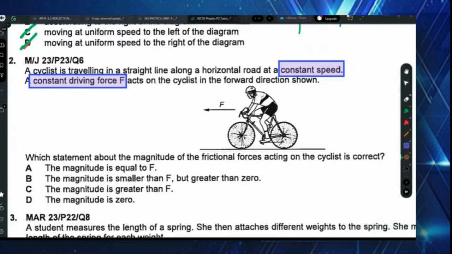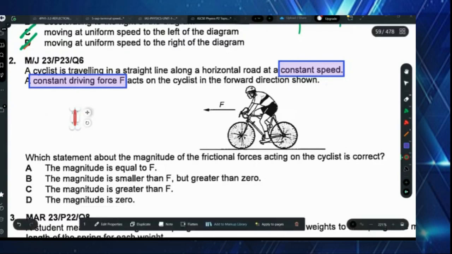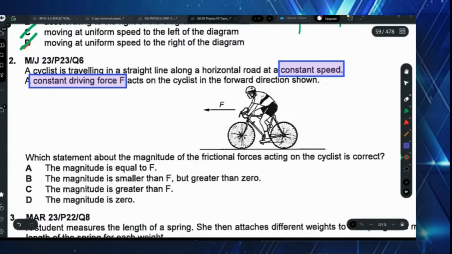Yes, now you got it. Constant speed with a constant driving force. I have given you the concept that F driving and F resistance will be subtracted to give you net force.